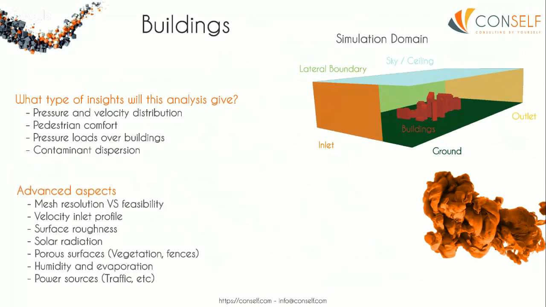When dealing with this kind of simulation, there are some advanced aspects that will not be part of this webinar, but they are listed here because they can play a major role and they need to be taken into account. Mesh resolution is a very important aspect, since you have to be sure your mesh catches every flow structure, especially when dealing with turbulent flow.